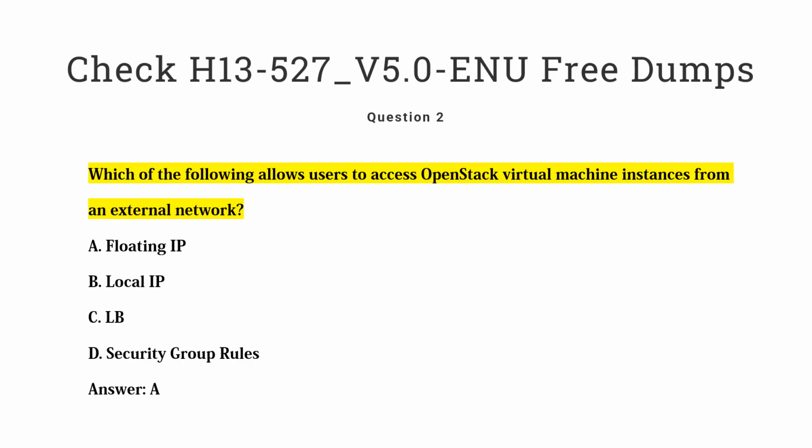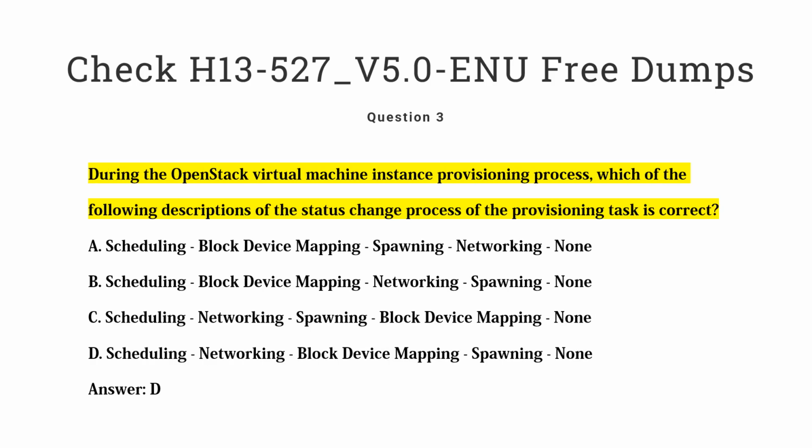Answer: A. 3. During the OpenStack virtual machine instance provisioning process, which of the following descriptions of the status change process of the provisioning task is correct? A. Scheduling, block device mapping, spawning, networking. B. Scheduling, block device mapping, networking, spawning.